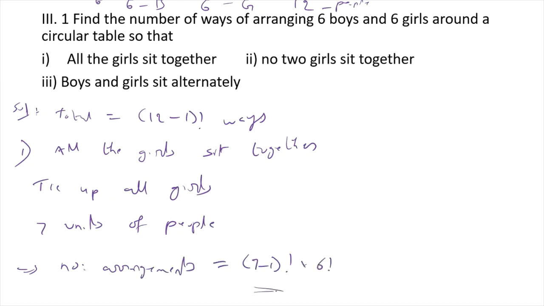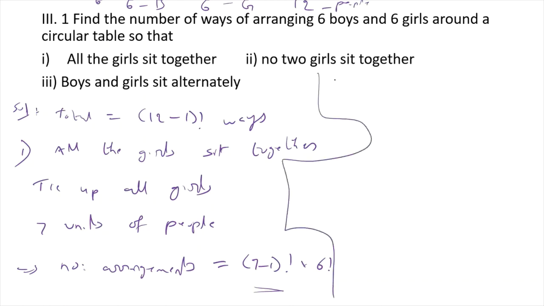Why we have this 7 minus 1 factorial? It is a circular arrangement. Therefore the number of arrangements is equal to n minus 1 factorial. Now in this one unit which contains 6 girls, we can arrange themselves in 6 factorial ways. Therefore the total number of arrangements is equal to 7 minus 1 factorial times 6 factorial, which is nothing but 6 factorial times 6 factorial. These are the total number of arrangements in which all the girls sit together.